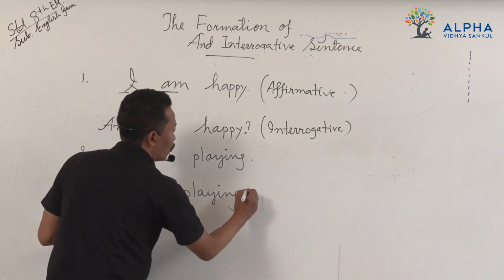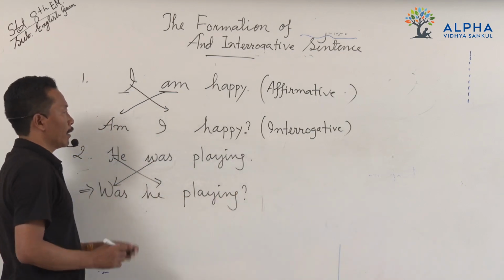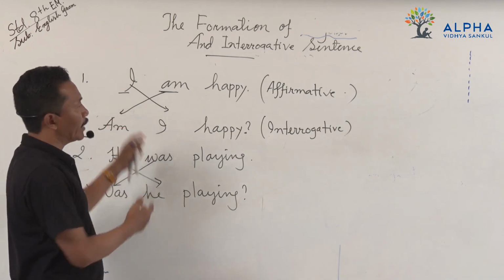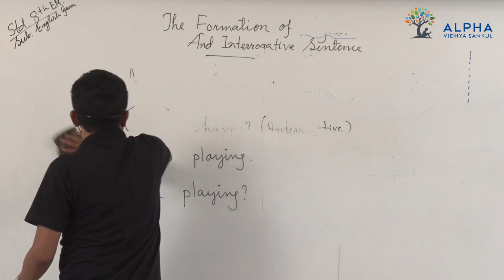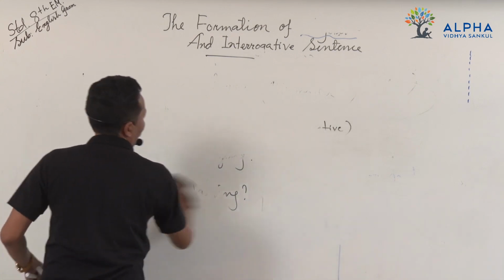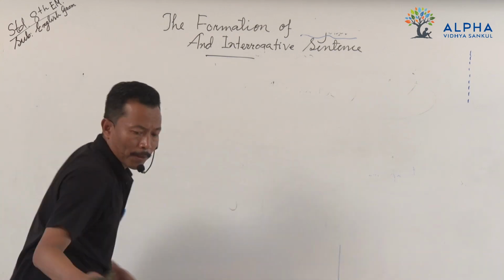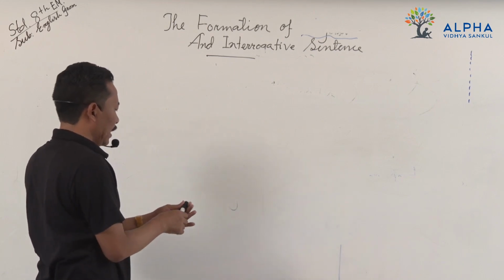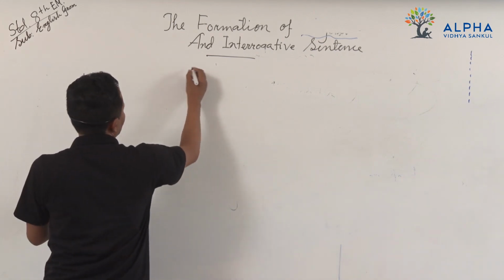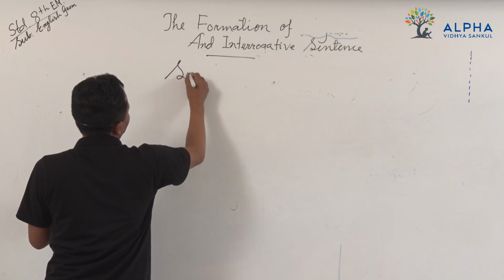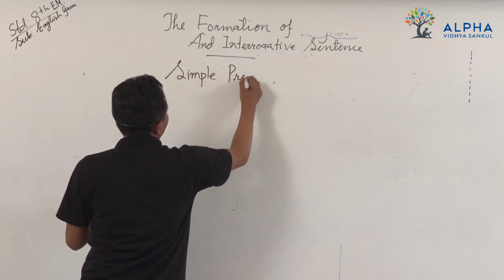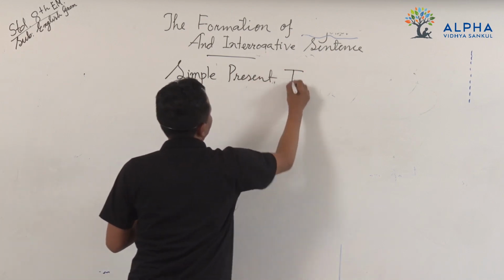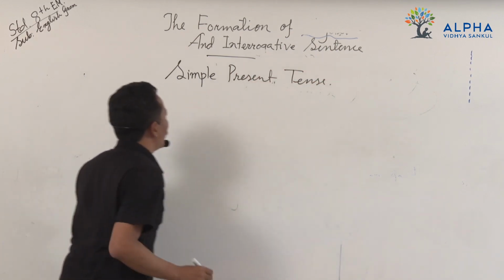And don't forget to put the question mark. This is the way we have to do it. The same way I told you about the simple present tense and simple past tense. For the simple present tense, how can we do this?